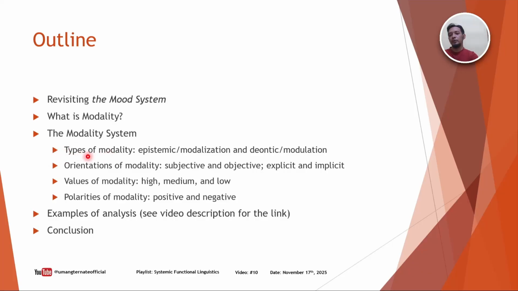It will include the types of modality, orientations of modality, values of modality, and the polarities of modality. I also provide you with some examples to help you see how we use the modality system to analyze the modal meaning in the clauses.